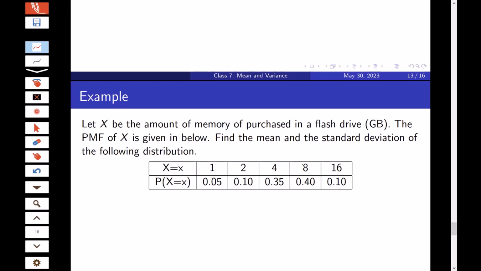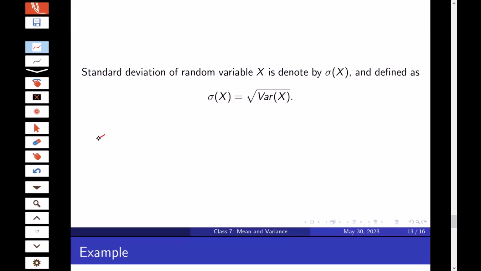Okay, so for example, let's take X has unit inches. Then the mean, or the expected value, has the unit inches.